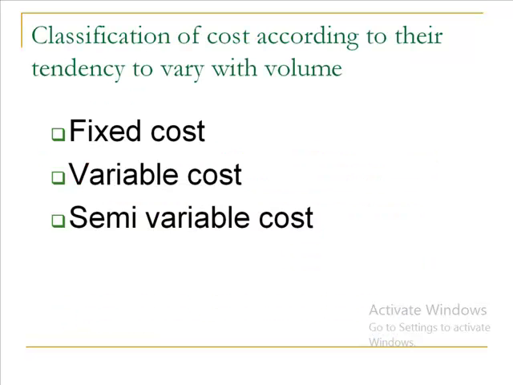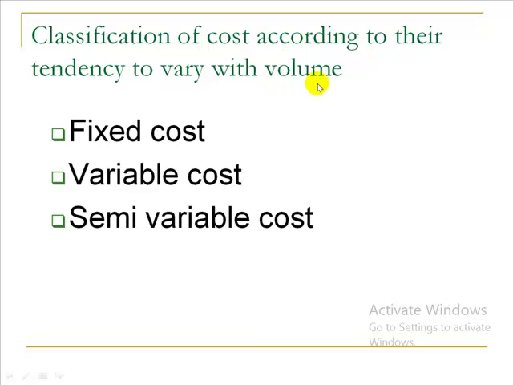Now, dears, we are proceeding to classification of cost according to their tendency to vary with volume. We are grouping the cost based on what? Based on the volume of production, volume of sales. So based on production and sales, we are now classifying cost.